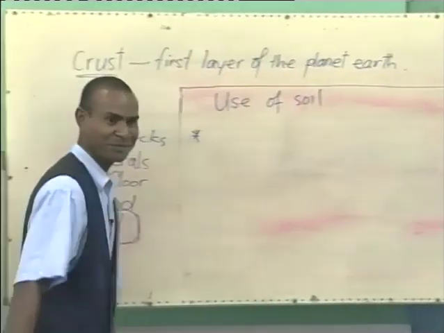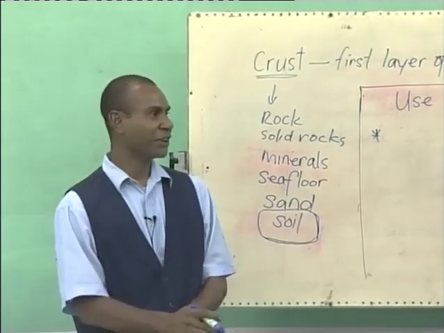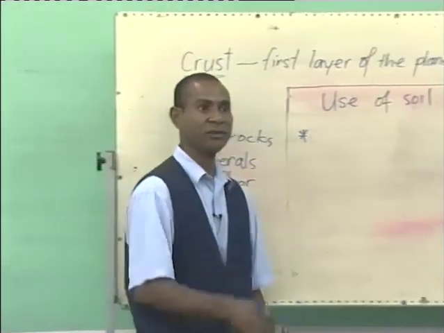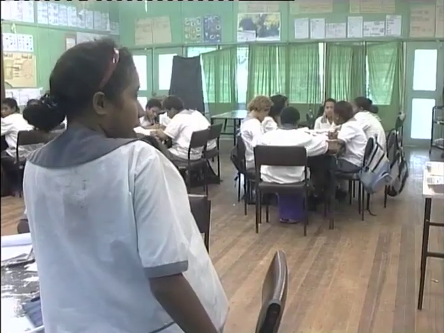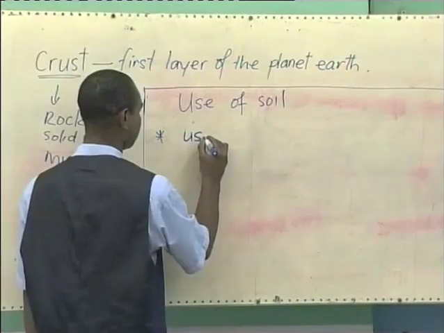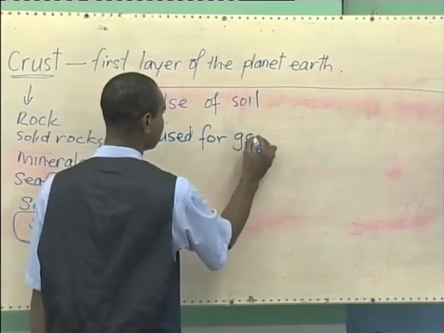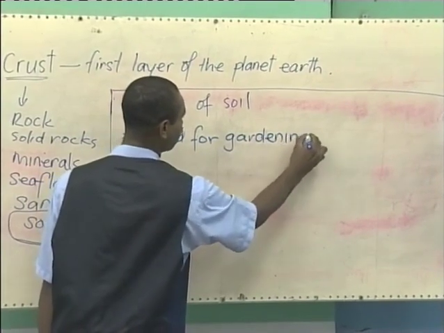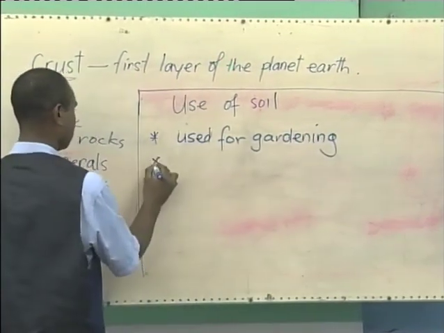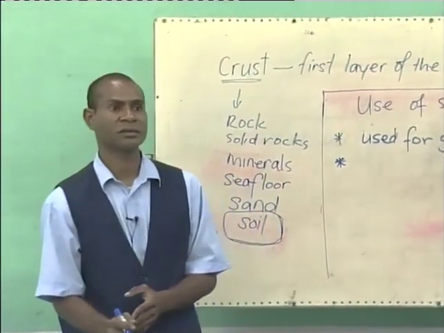Oh, that's fast discussion. Melissa? I said 1 minute, but some of you have already discussed the answer. Melissa, good. Then we have Onea's group. Soil is used for gardening. Onea, what has your group come up with? We use soil to make clay pots.